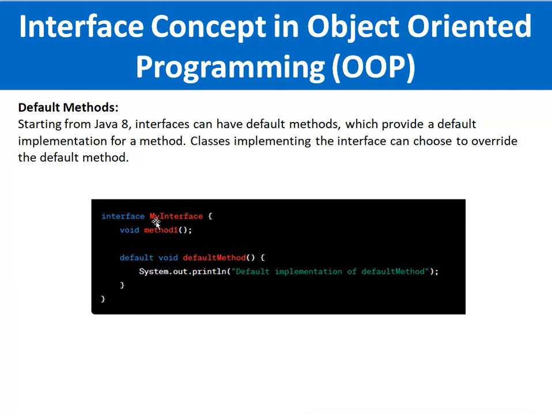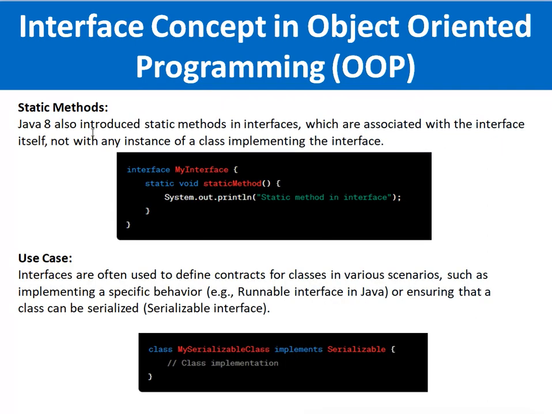Then static method. Java 8 also introduced static methods in interfaces, which are associated with the interface itself, not with any instance of a class implementing the interface. For example, see this is the interface, MyInterface, static void staticMethod, System.out.println static method in interface. So this is an example of a static method.